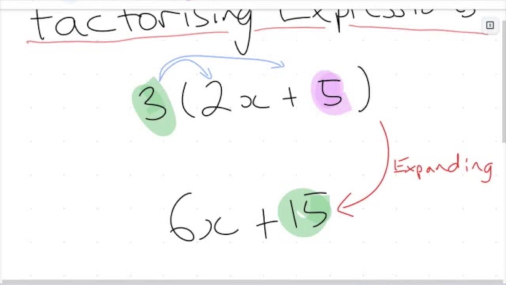Now think of what we're doing to get back to relate my outside factor of 3 with 6x and 15. Well, to get back to this 5, we were doing a type of division, sort of, right? We were saying, well, how many times does 3 go into 15? Goes into it 5 times, right? And division is the opposite of multiplication. We can get 15 from multiplying 3 and 5, but we can also get 5 from saying, well, how many times does 3 go into 15?